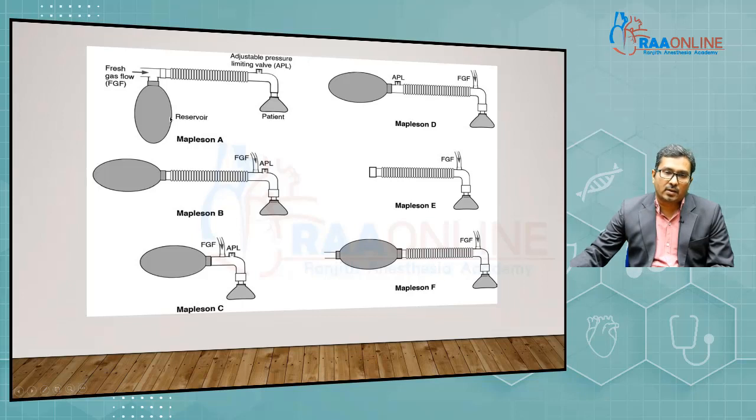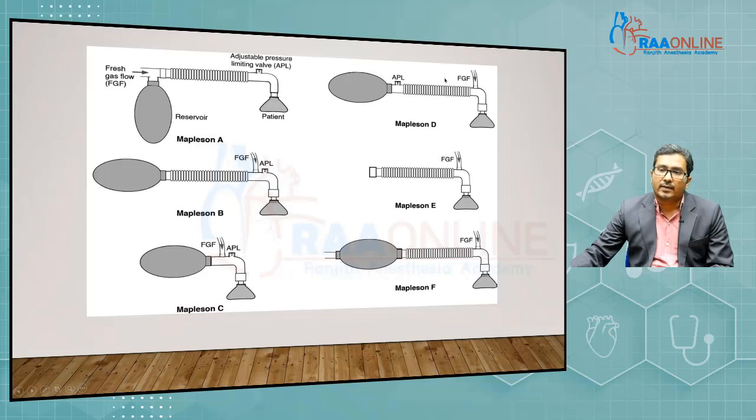So in Mapleson A, you can see the fresh gas. When you talk about a circuit, you should always talk about two ends: this is the patient end, this is the machine end. In Mapleson A, the fresh gas flow is near the machine end, the reservoir is in the limb of fresh gas flow, that is an afferent reservoir system, and the APL valve is near the patient. There is a corrugated tube in between. Similarly, the efferent reservoir system is changed.